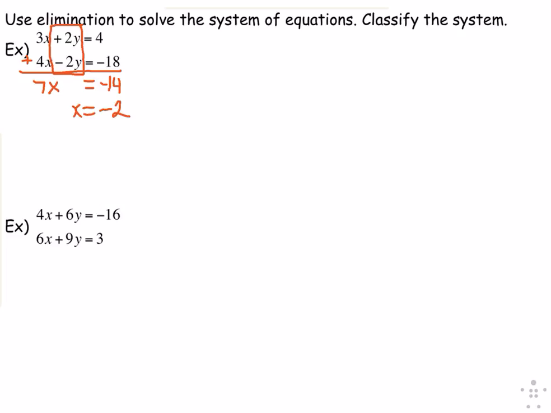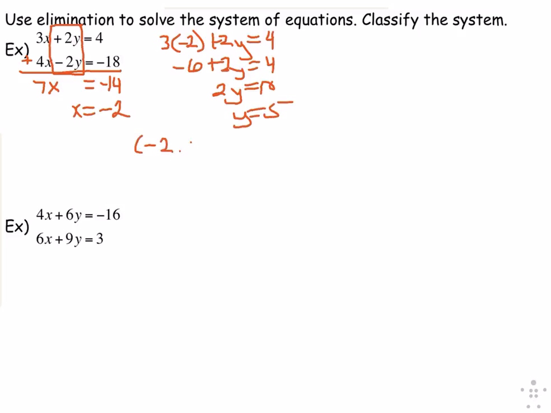Like substitution, I could take that x value and put it into either original equation. So it looks like the top one's a little easier. Solving for y gives a value of 5, for an ordered pair of (-2, 5).